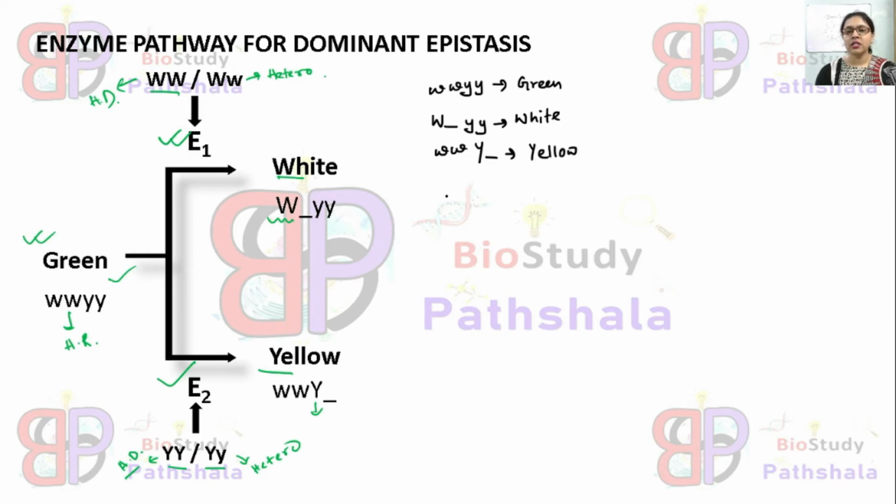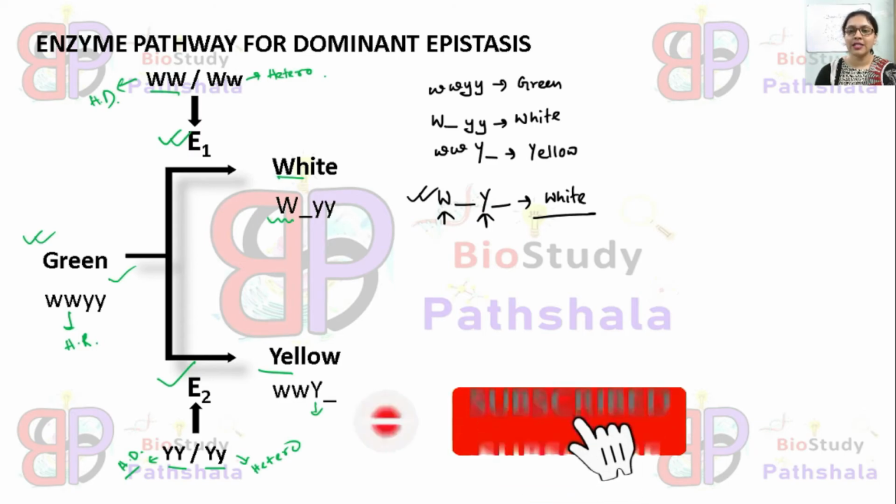So next, one genotype remains, that is capital W dash, capital Y dash. We have seen in our previous checkerboard that this genotype gives rise to white coloration. So how? Here you can see a dominant W allele is present, and a dominant Y allele is also present. So two dominant alleles of two dominant genes are present, but it causes the white coloration.